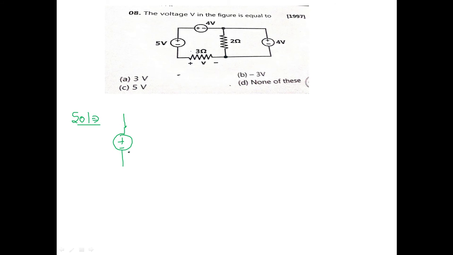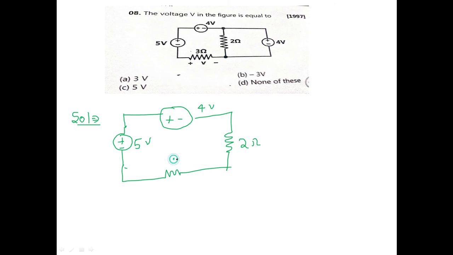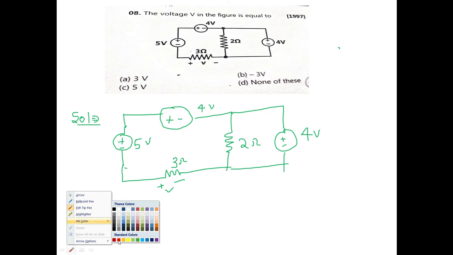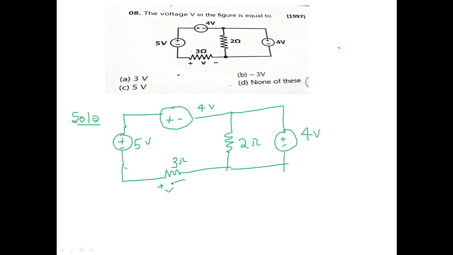So here 5 volt is there, and then here 4 volt is there, and minus 2 ohm, plus 2 ohm, and here 3 ohm, 3 volt is there, and here 4 volt is there. So in this problem we have to calculate the voltage V, that is this particular voltage.